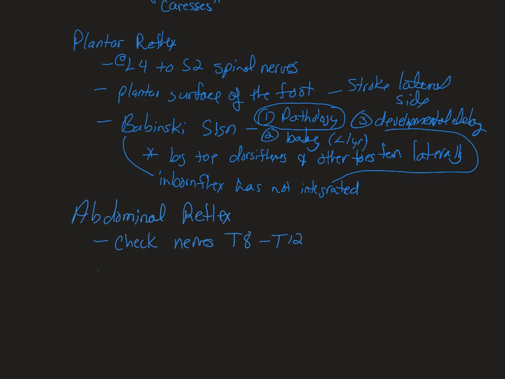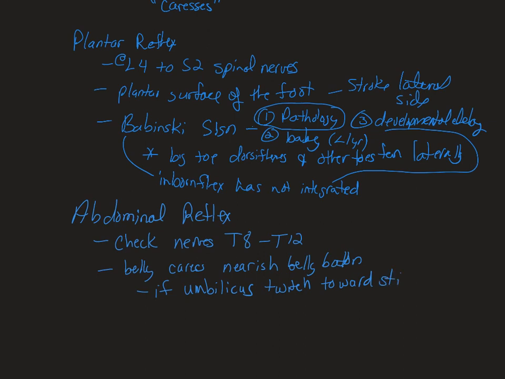What you do is you lightly caress the belly, kind of nearish the belly button. And if the belly button or umbilicus twitches toward the stimulus, that is a sign of the abdominal reflex.